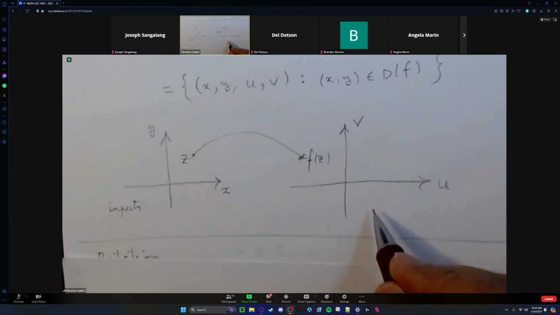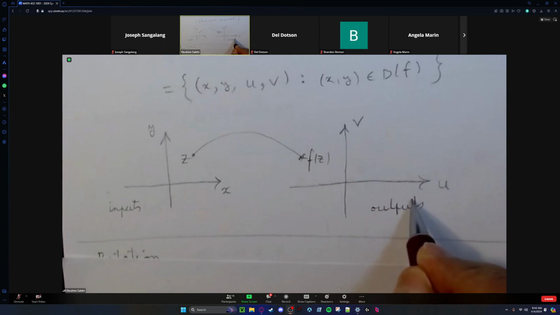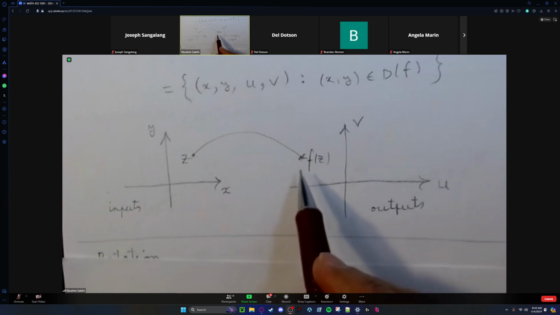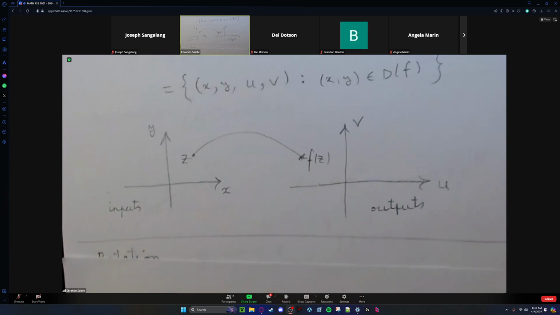So here are the outputs, or the values of the function. So that is the solution. We are going to have two coordinate axes.